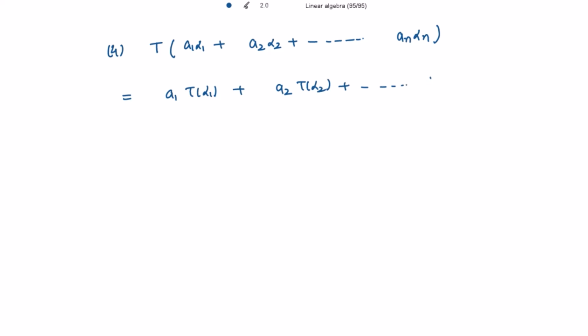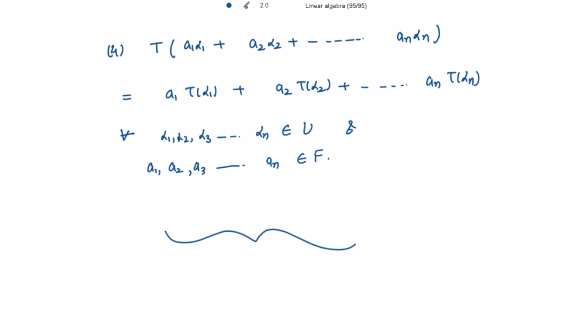Fourth point: T of (A1 alpha 1 plus A2 alpha 2 and so on up to An alpha n) is equal to A1 T alpha 1 plus A2 T alpha 2 and so on up to An T alpha n, for all alpha 1, alpha 2, up to alpha n belonging to U, and A1, A2, up to An belonging to the field F or the set of real numbers.